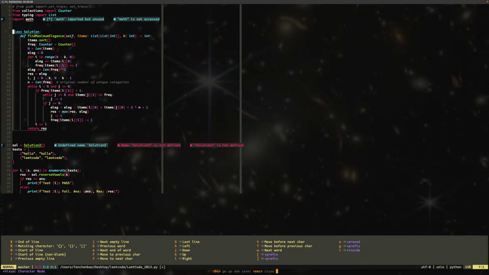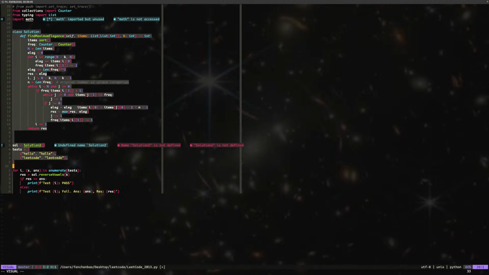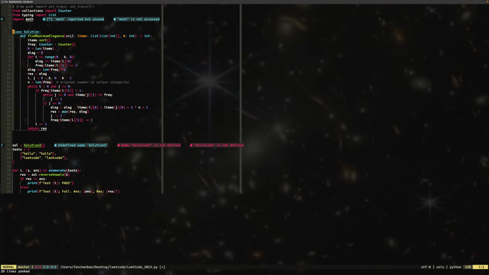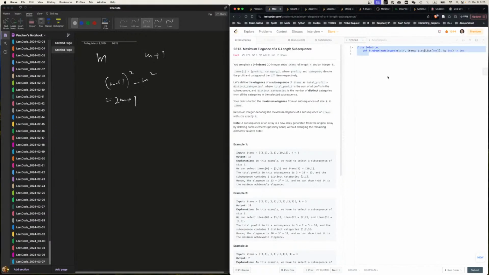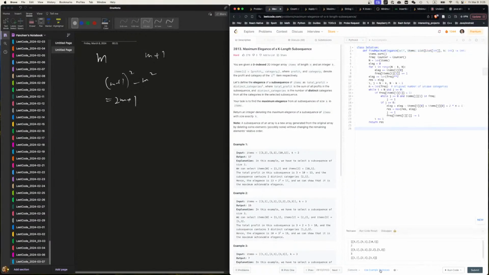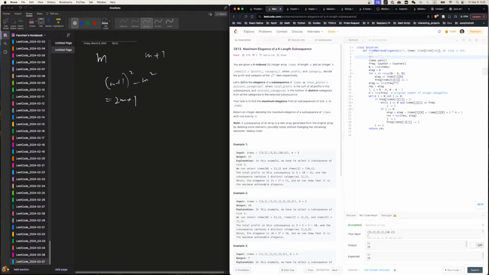Okay, now let's give this a shot. This is definitely a greedy solution, right? It's very much greedy. We'll try to see if it works. Okay, it works for these, and just don't type too much.